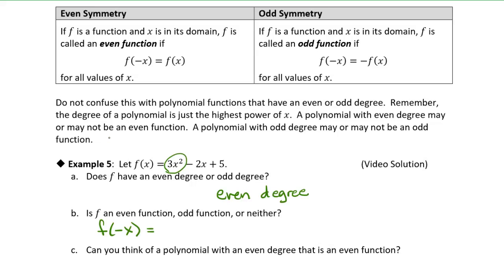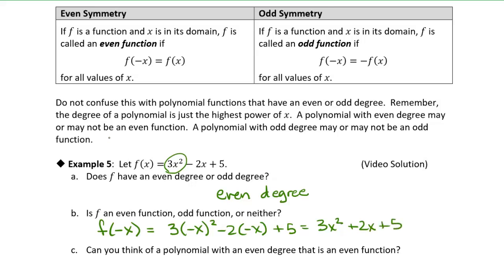So let's put it into this function. We're going to substitute wherever we see x, we're going to put a minus x in parentheses. So 3 times minus x squared, minus 2 times minus x plus 5. All right, and then we're going to simplify that a bit. We square the negative and we get positive. So this is 3x squared. We have minus 2 times a minus x becomes a positive 2x plus 5.